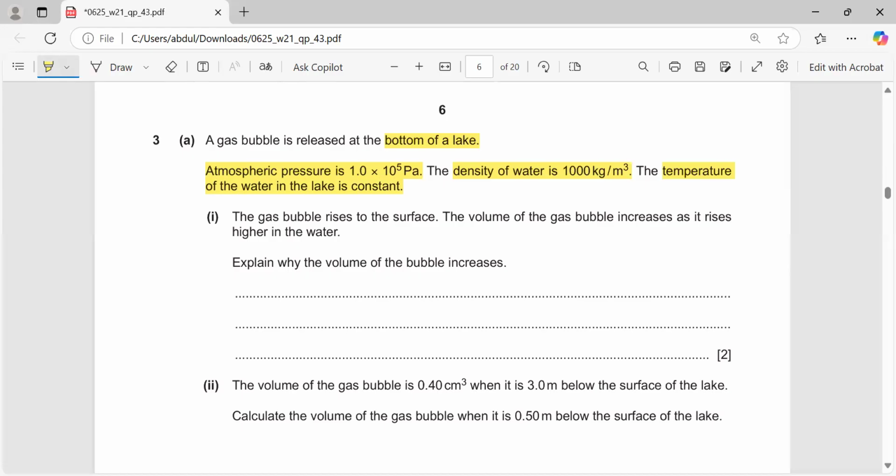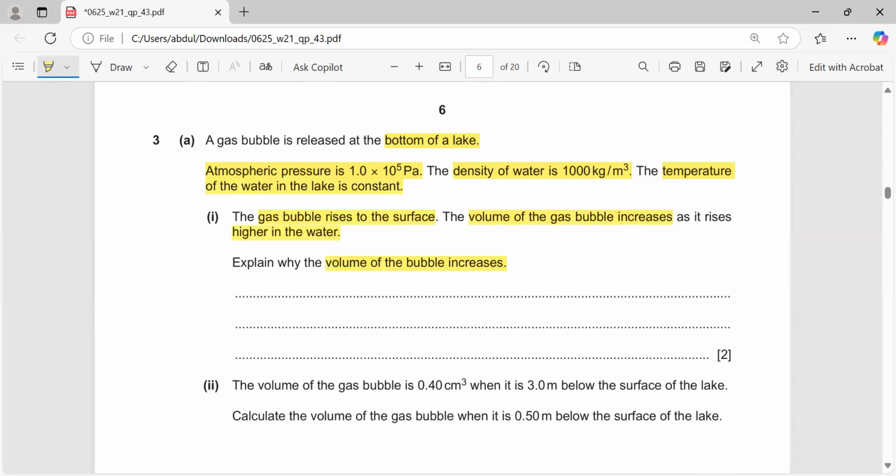The gas bubble rises to the surface. It means the volume of the gas bubble will increase as the pressure on it will decrease. So the volume of the gas bubble increases as it rises higher in the water. Describe why the volume of the bubble increases.